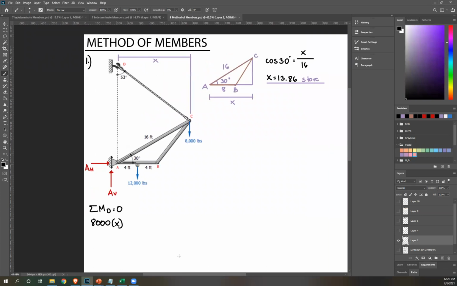We have 12,000. Rotate about the, again, that's clockwise, so positive 12,000. Perpendicular distance, let's see. It's this length, which is equal to 4.